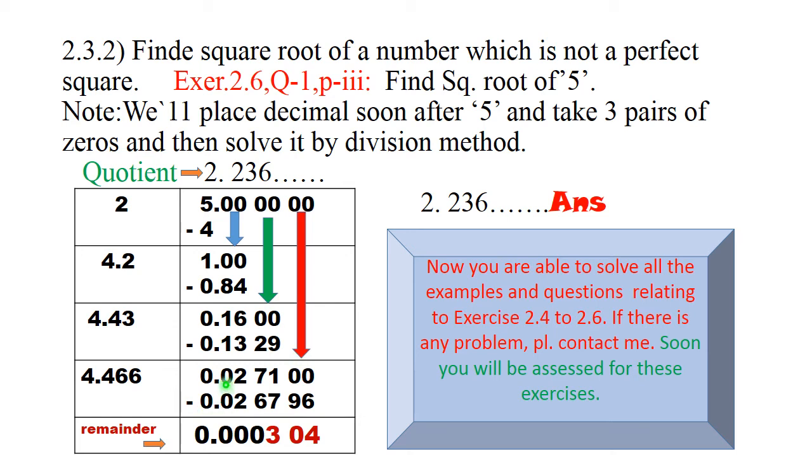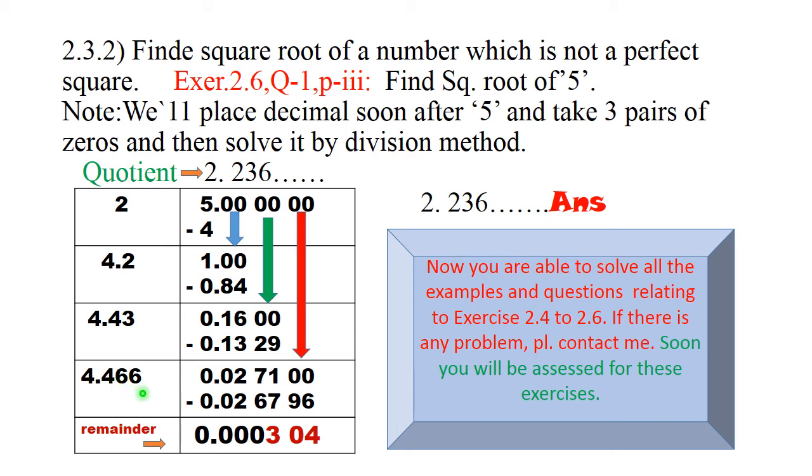Now again, twice the digit at unit place in index 3, we are left with 4.46. Now searching for another digit which will satisfy this requirement, we get 6.